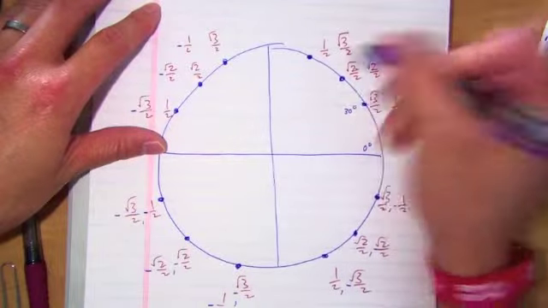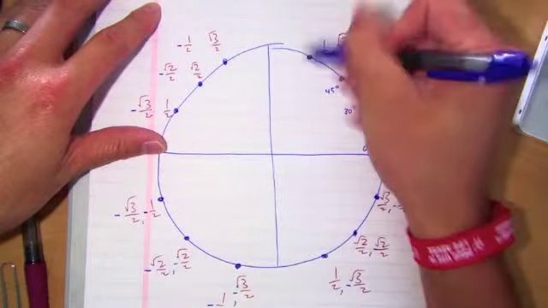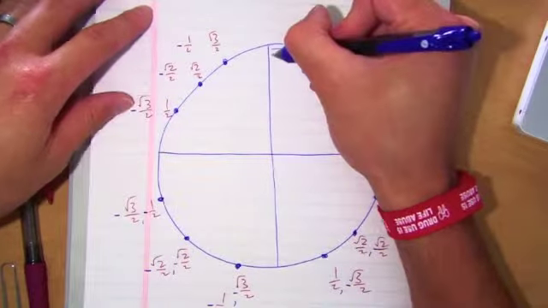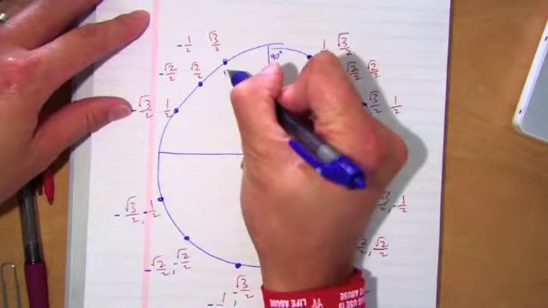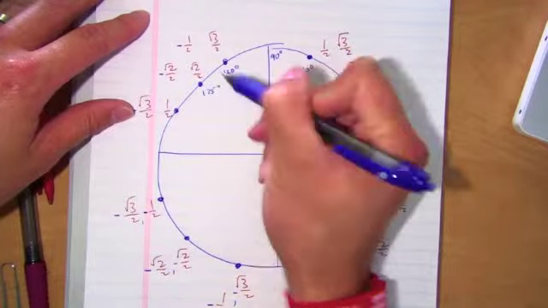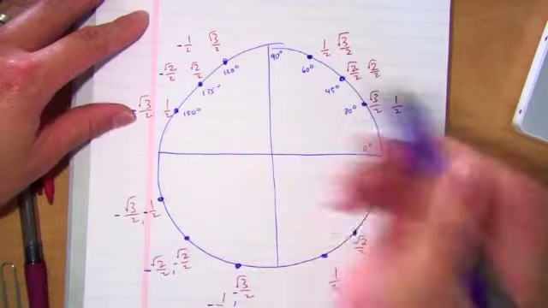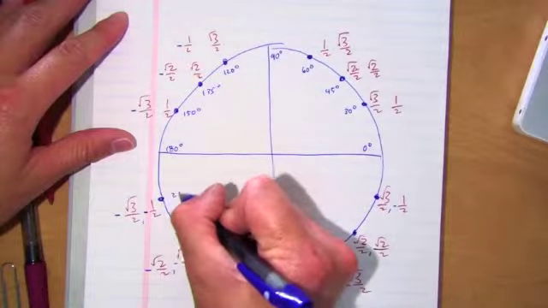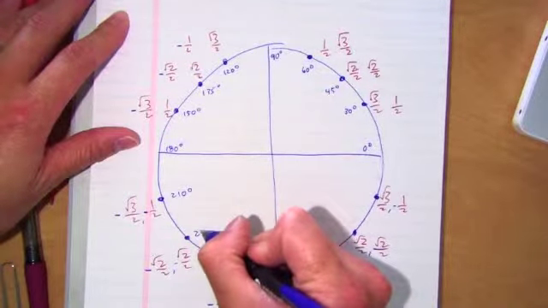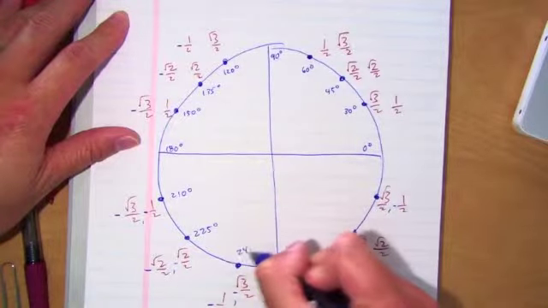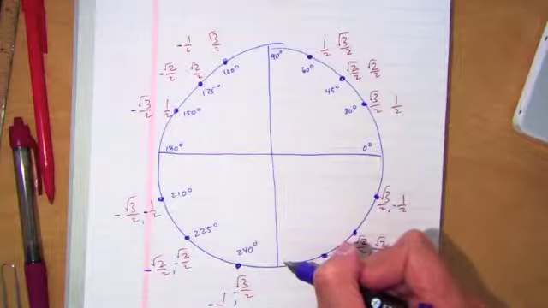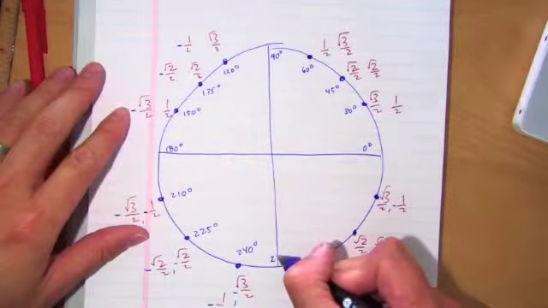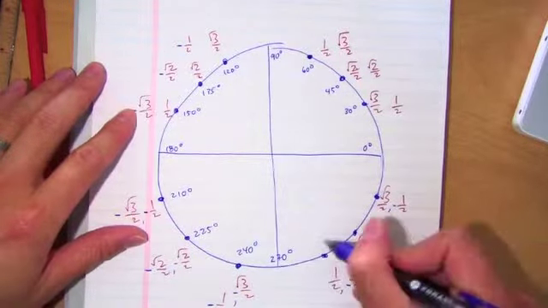This will be 30, 45, 60, quadrantal angle 90, 120, 135, 150, 180 degrees, 210 degrees, 225, 240 degrees, 270 degrees, 300, 315, 330, and 360 degrees.